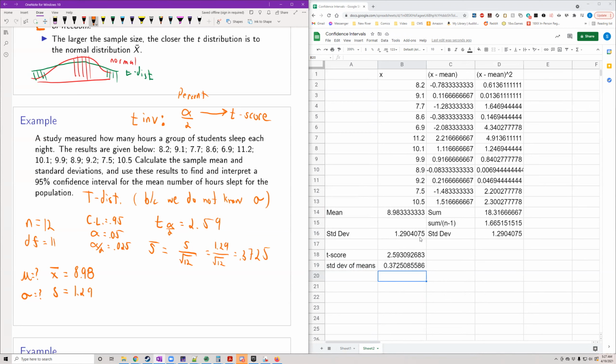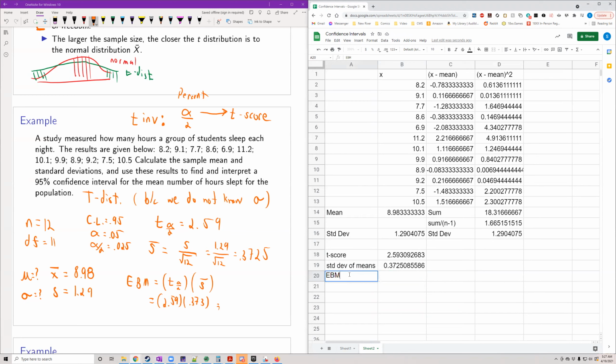And then it's the same idea. Our error bound for the mean is going to be our t-score multiplied by the standard deviation we just calculated. So that'll be the 2.59 times the 0.373. We can calculate that in Excel.